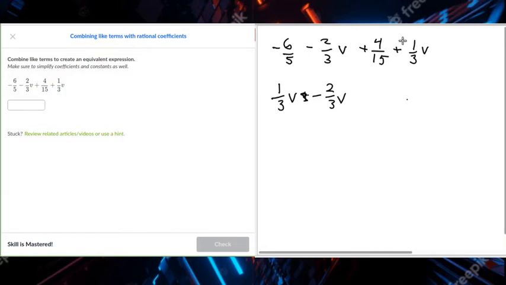So remember, we have to carry this sign.